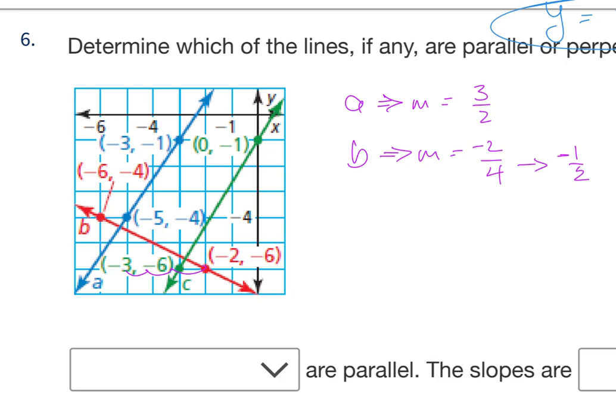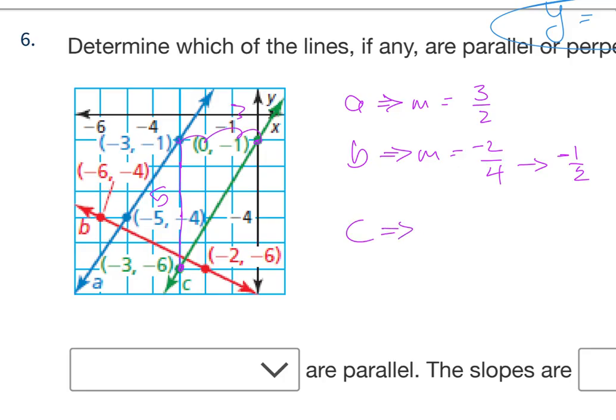So, okay. And then last but not least is line C. And if you're like, why did he do this blue one and then this red one? Honestly, just because I was looking at A and then B, and then this one's at C. So I just went A, B, C, okay? I'm going to rise 1, 2, 3, 4, 5, run 1, 2, 3.